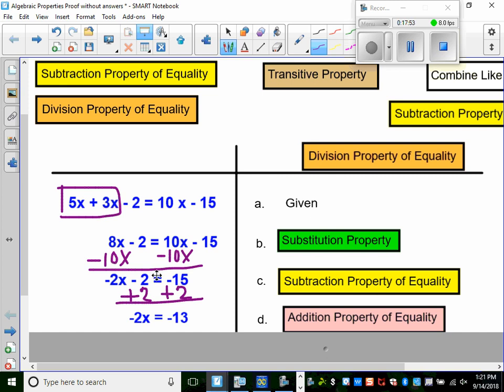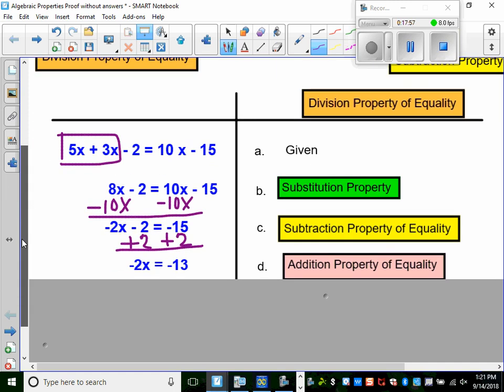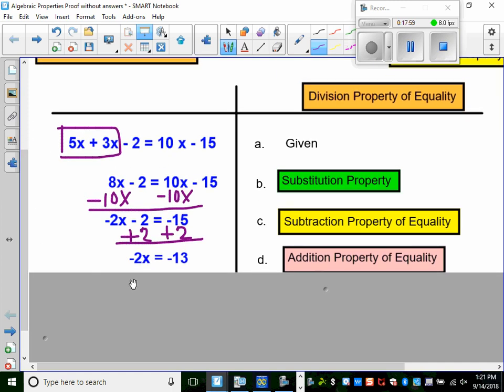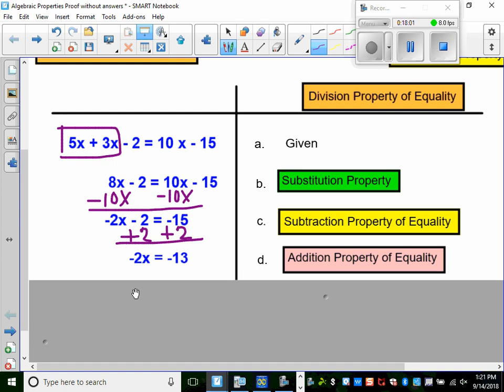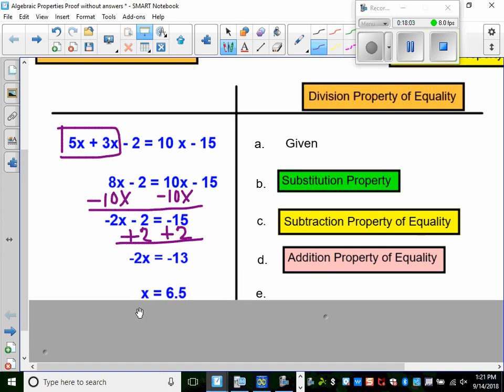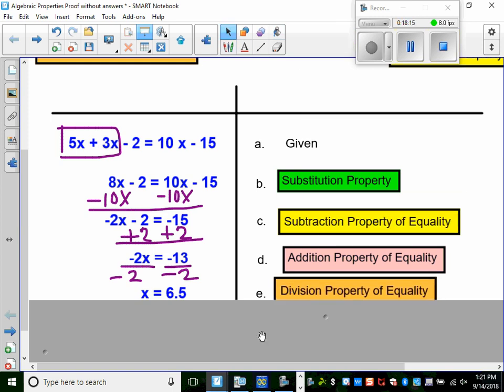I'm subtracting, it's the subtraction property of equality. Okay, so it's not hard stuff. So my last step is to divide both sides by the -2. So what property did I just use? The division property of equality. Okay, right there.